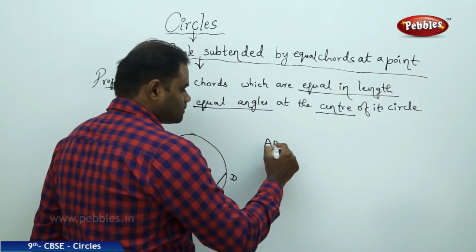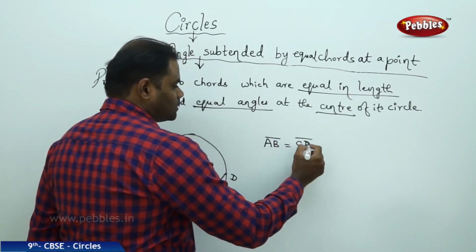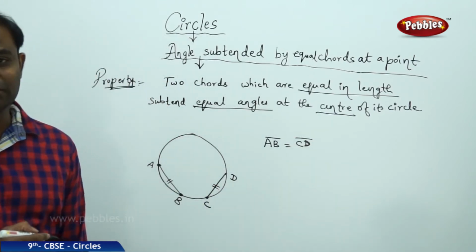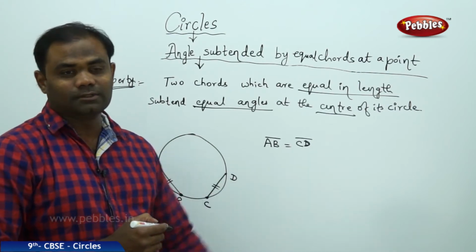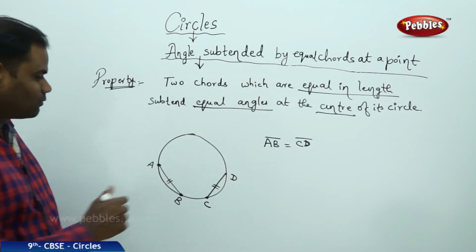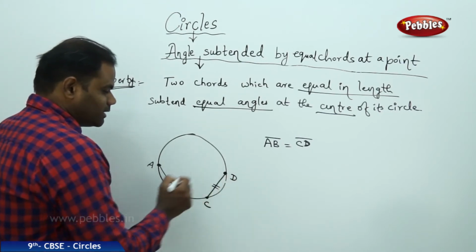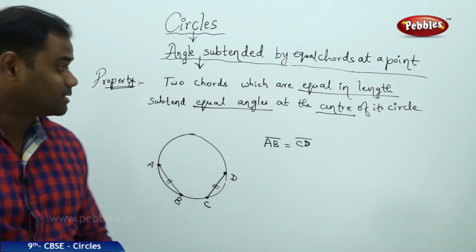That is, AB equals CD is the first condition which I take into existence. Chord AB equals chord CD. Now the property says that when I take the case of two equal chords, then the angle subtended by each of the chords will also be equal at its center.